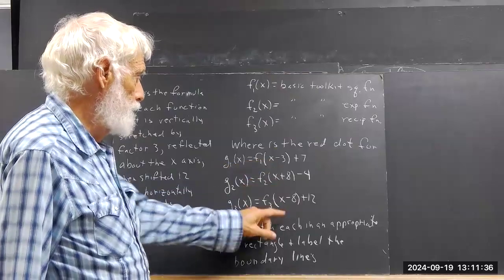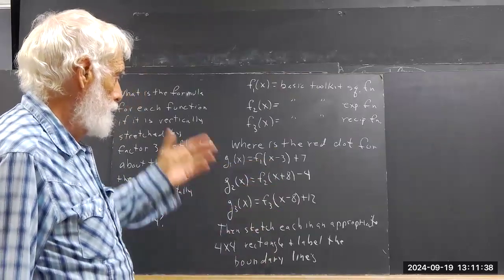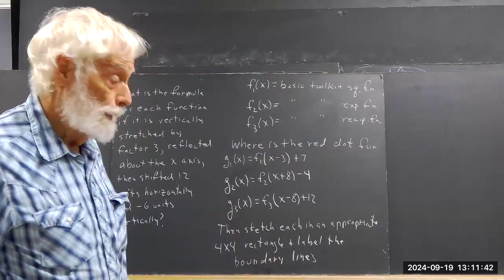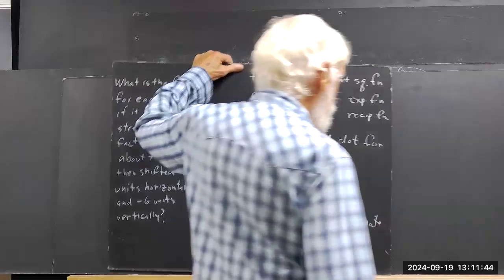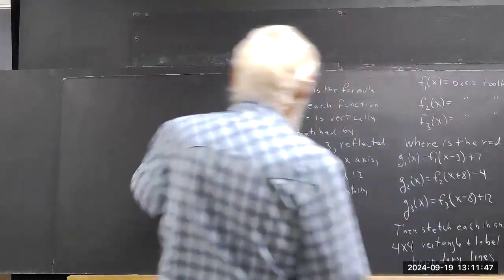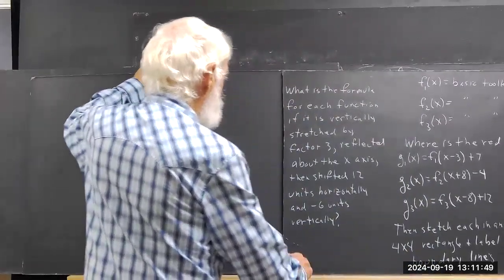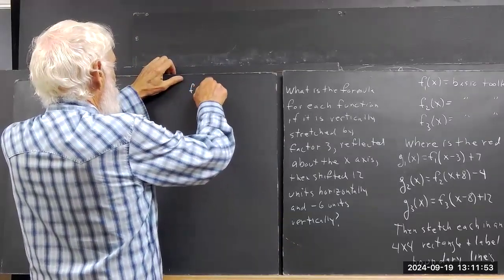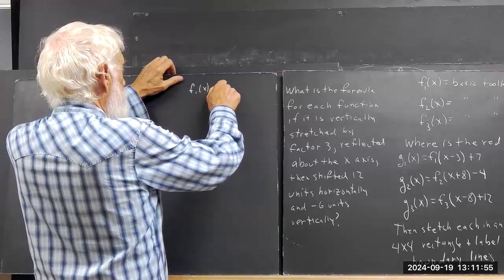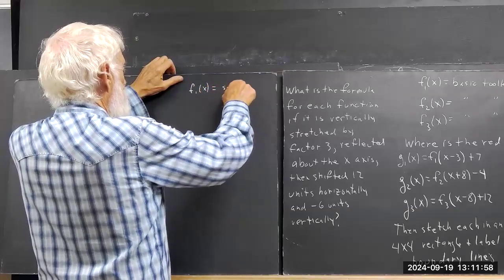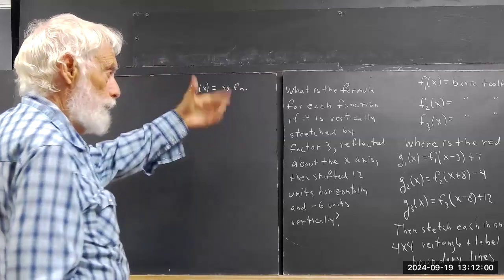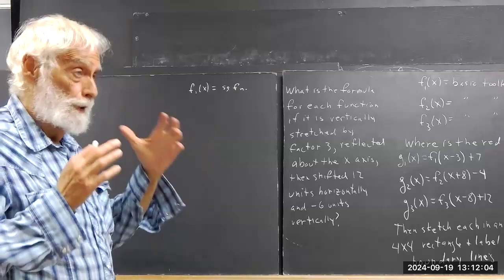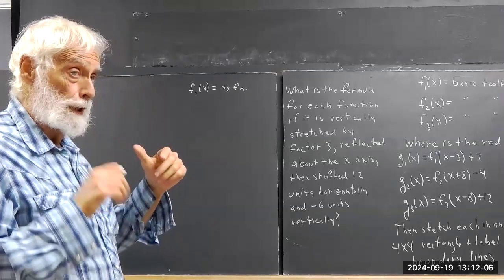So find the red dot for each of these functions here, and sketch it in an appropriate 4x4 rectangle and label the boundary functions. Abbreviating, it's a square function. We understand it's the basic toolkit square function, the one you would sketch in a 4x4 rectangle with the red dot at the origin.